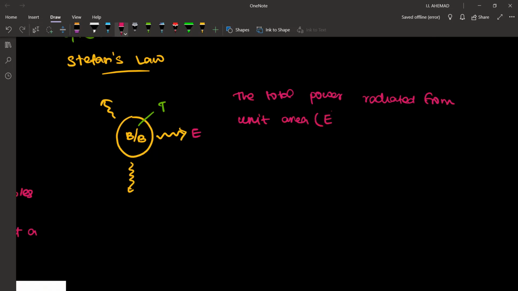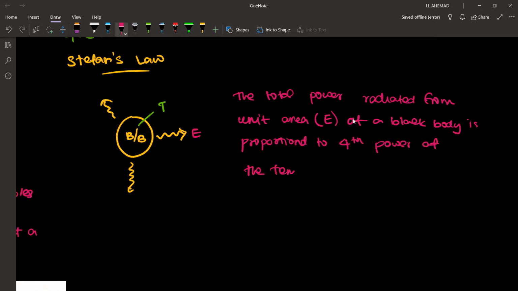So that is E here. E is not energy, it is power per unit area. The total power radiated per unit area of a black body is proportional to the fourth power of the temperature T of the body.